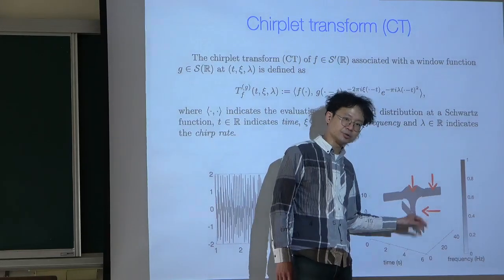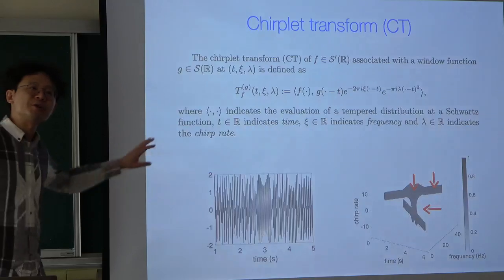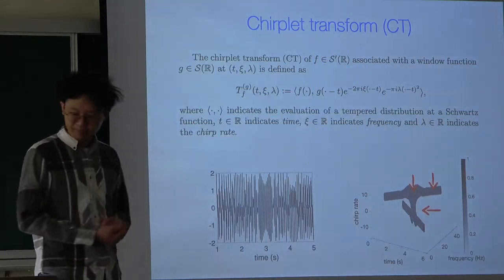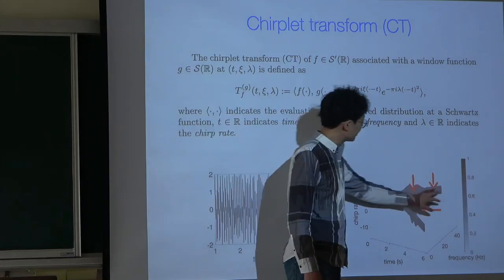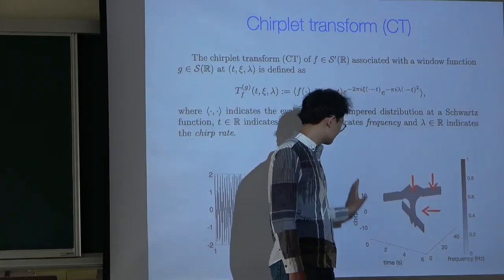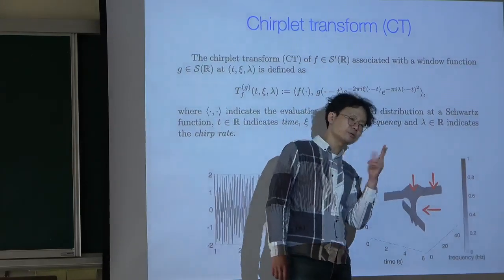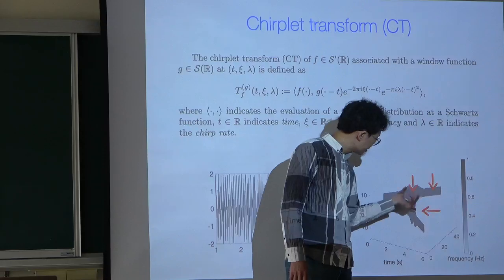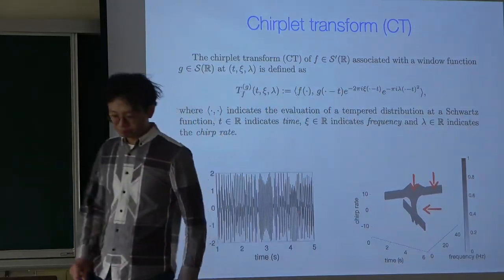So that it's difficult to determine what is what, which is which. So that is the traditional Chirplet transform. But it is already very useful. It already gives us some information that has some kind of chirp separation. So you can say, oh, there will be two components maybe, although there will be some kind of interference, but how?